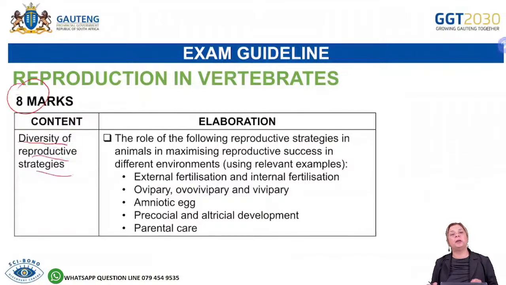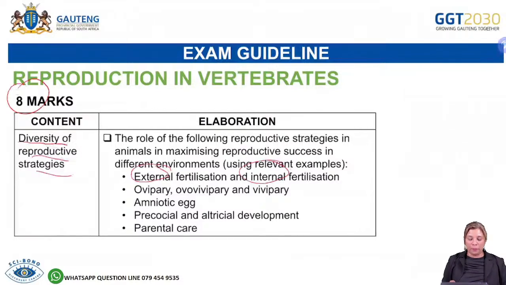That is the purpose of reproduction, to fertilize the organism so that we can have continuation of the species. But there are different environments. When you talk about environments, we're talking about environments outside the body and environments inside the body. So that is where external fertilization and internal fertilization come into play.